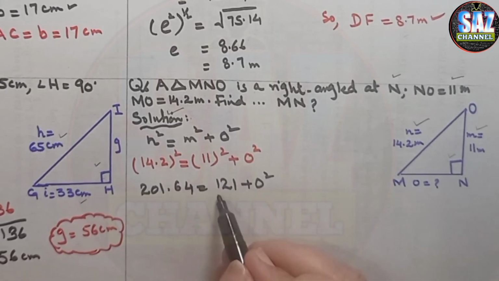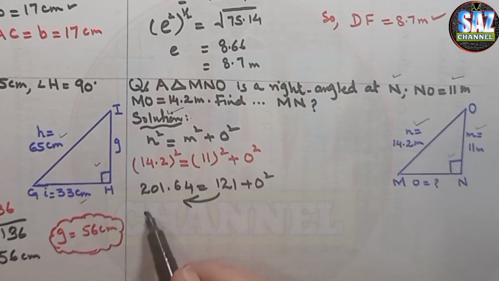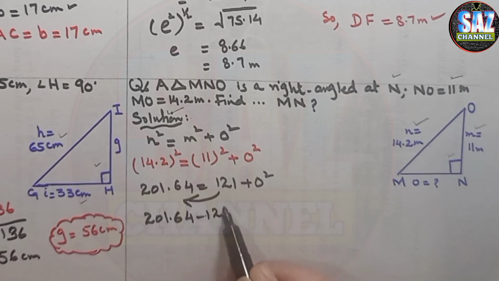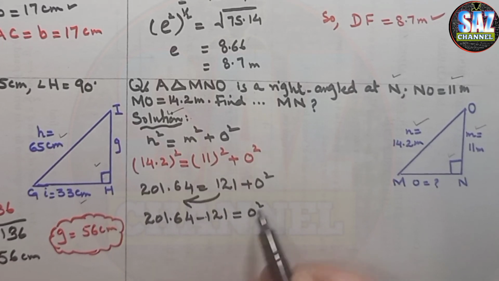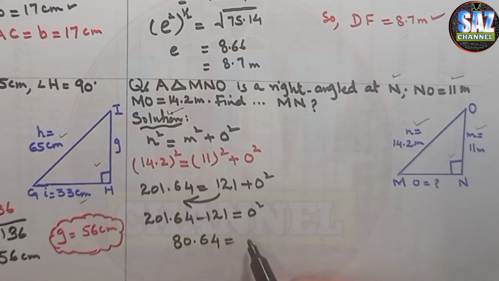Now what we have to do, we have to shift this 121 to other side, and the equation will take the form 201.64 minus 121 equals to o square. That gives me 80.64. 80.64 equals to o square.